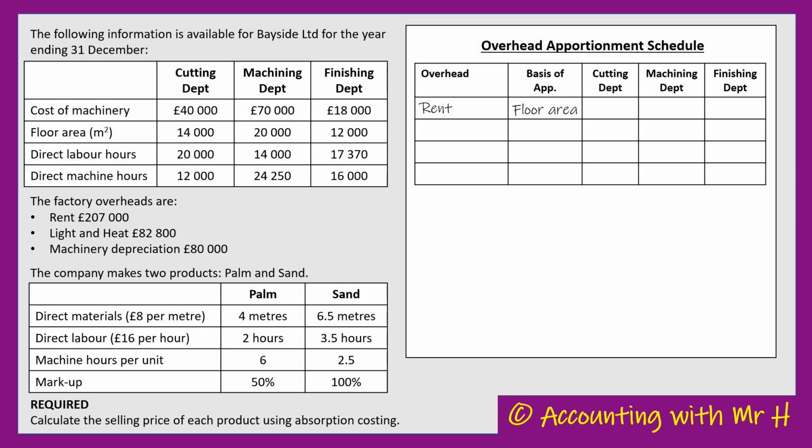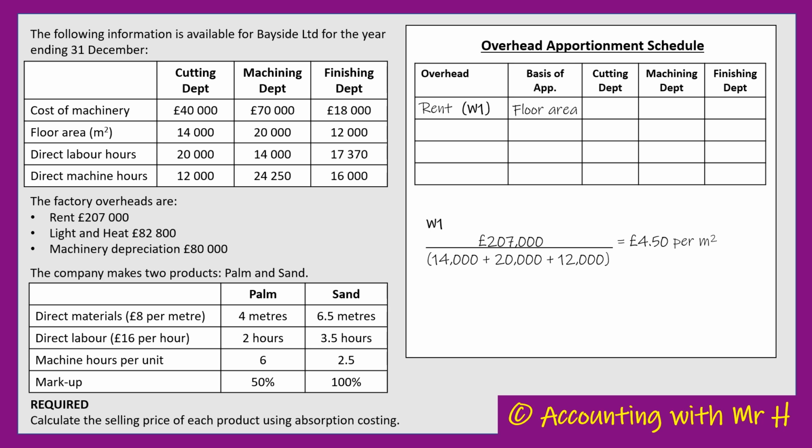And what I need to do then is a working to work out how much of the floor area to give to each department. So the total rent is £207,000. So you can see I've put that on the top of my formula. And then I'm dividing that by the total floor area of the company.